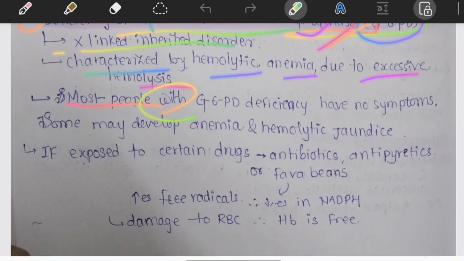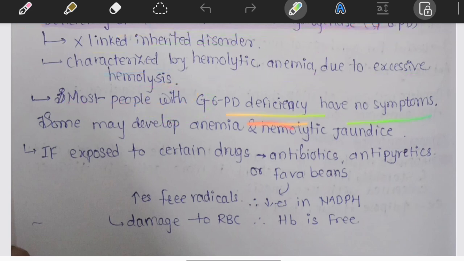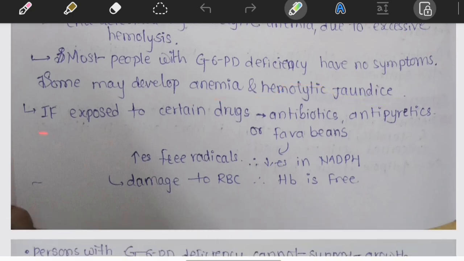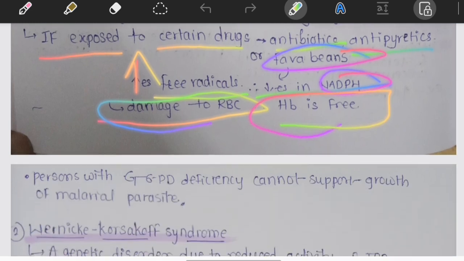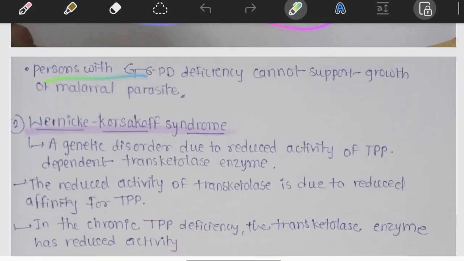Most people with glucose 6-phosphate dehydrogenase deficiency have no symptoms, but some may develop anemia and hemolytic jaundice if exposed to certain drugs like antibiotics, antipyretics, or fava beans, which increase free radicals, causing a decrease in NADPH and damage to RBCs, and then hemoglobin is freed. Note that a person with glucose 6-phosphate dehydrogenase deficiency cannot support the growth of the malarial parasite.